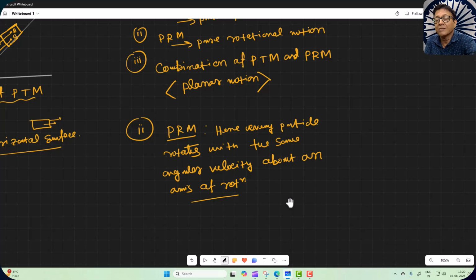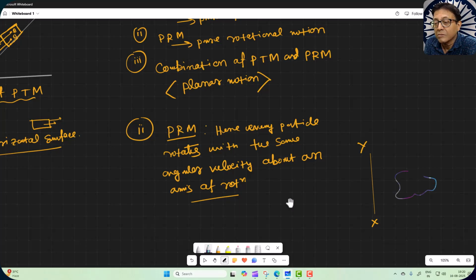Now, just let me explain one situation here. Suppose this is the axis of rotation, xy, and the rigid body is like this, situated here. This rigid body performs pure rotational motion about this axis.